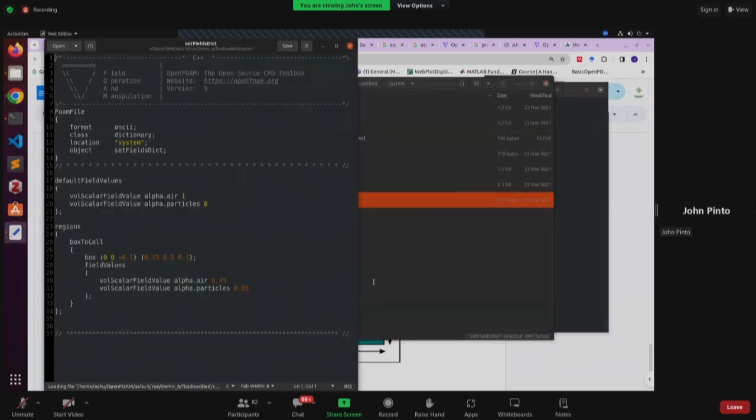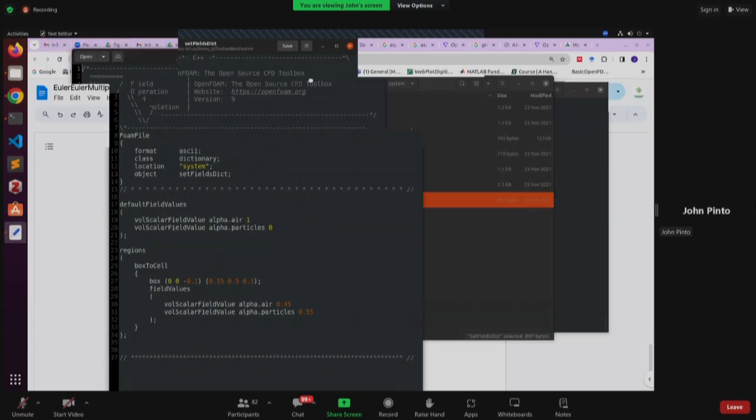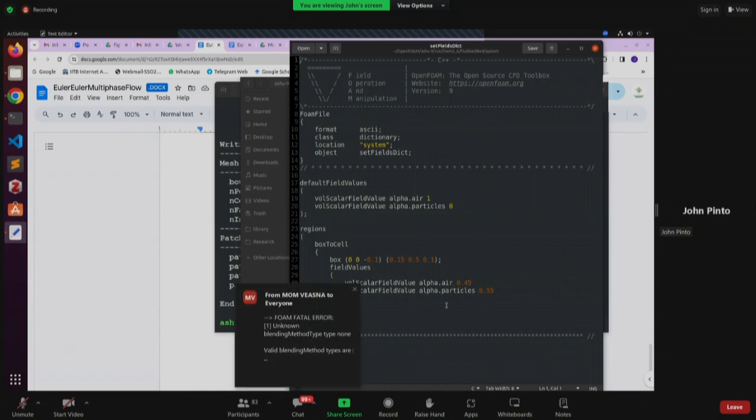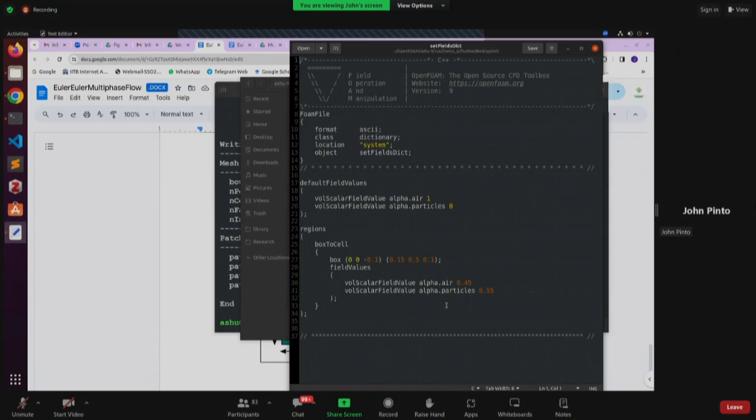In setFields, we are saying that initially half of the domain is divided. Previously we could say that half of the domain is complete air, so we would give air as 1 and particles as 0. But in this case, even though all the particles are settled at the bottom, they will not occupy the complete volume.